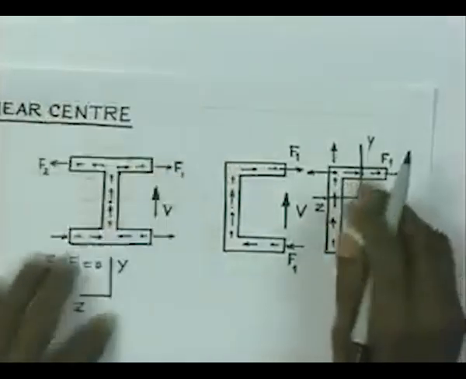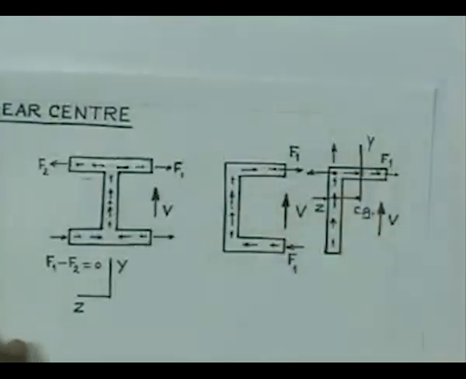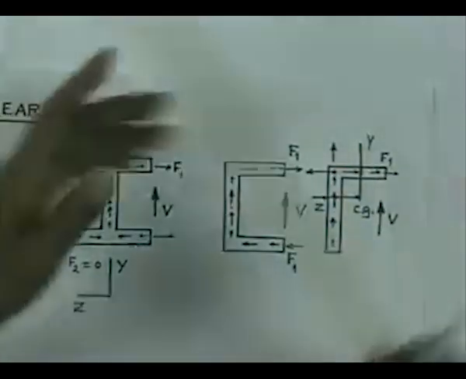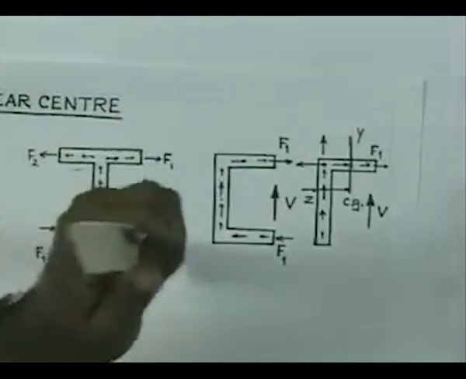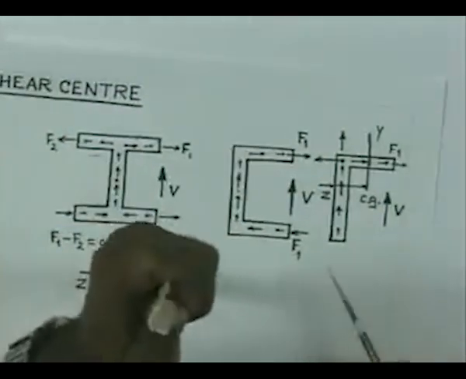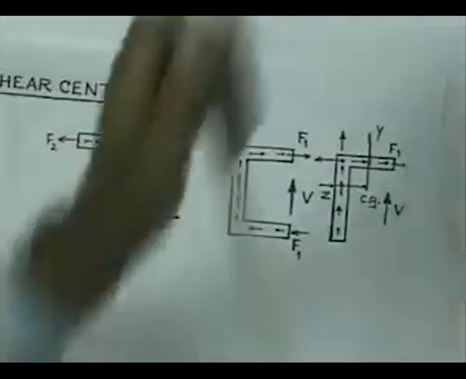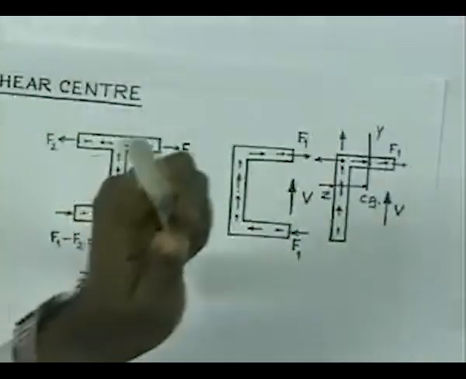So, here you will find that for an angle cross section, the shear center is always located at the corner, and that is what we had shown here. Once more, let us look into this. You see that this is the cross section, which is not exactly a right angle, unfortunately. Let us consider this one.